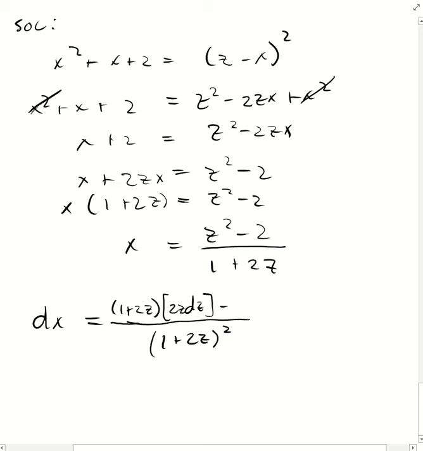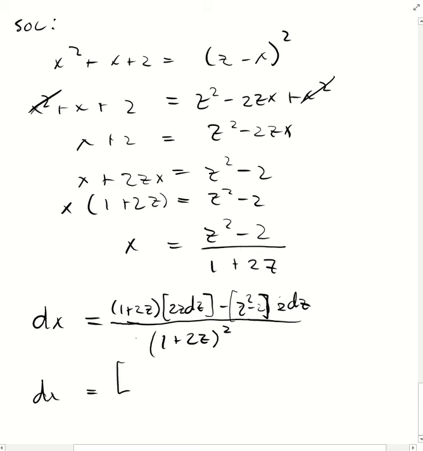Then minus the numerator z squared minus 2 times the derivative of the denominator 1 plus 2z, that's just 2dz. Then simplify, so we can factor out dz.